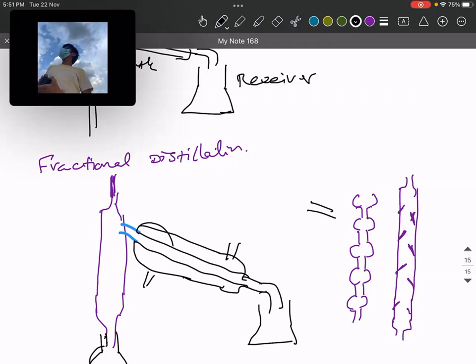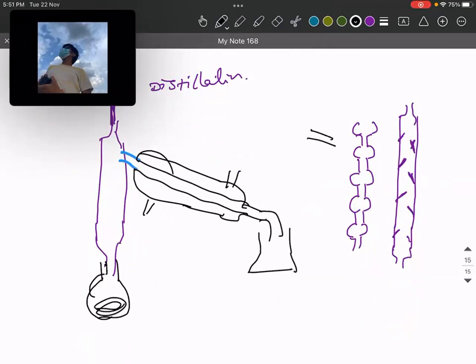This can be applied only for a small difference in the boiling point. So what happens when you are heating the solution, it goes like this. When you are keeping the distance, whichever has the lower boiling point will come out first. But it goes step by step, and then it is effective.